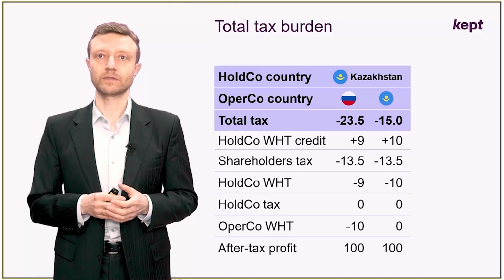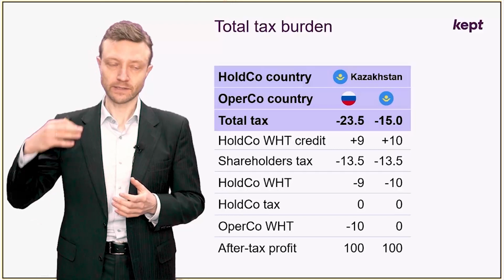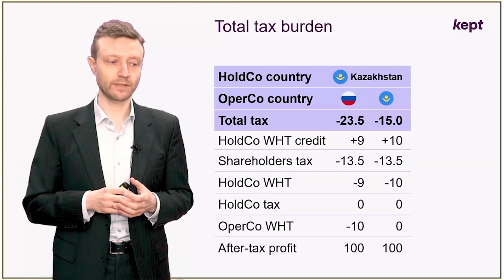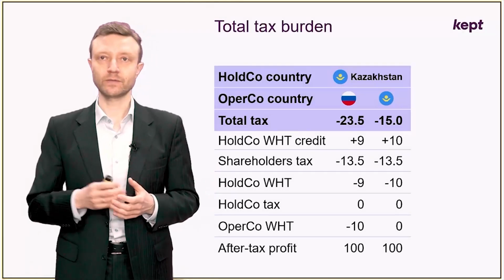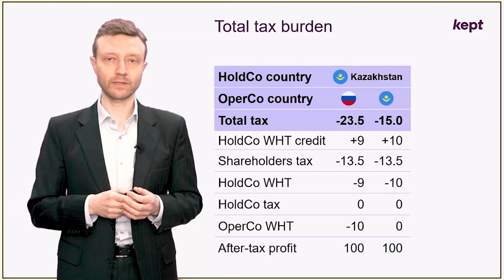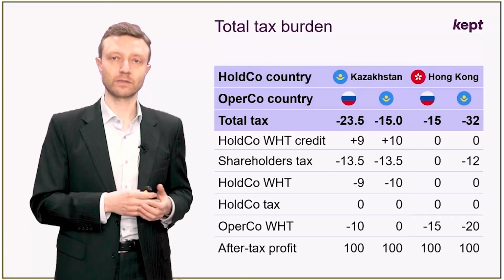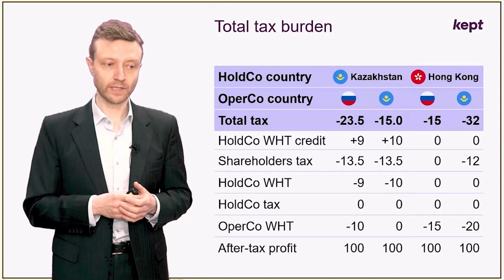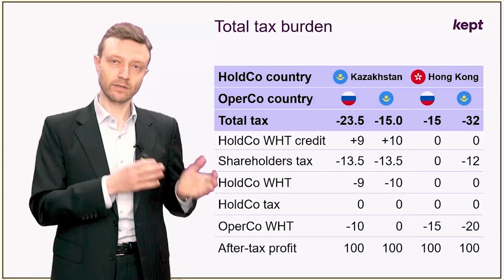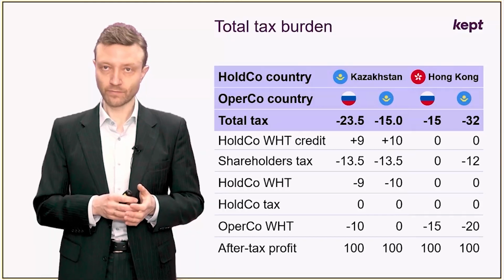Again, on this table, taxation of dividends on several levels is reproduced. We see the same numbers here for the holding company that is located in Kazakhstan. But if we assume that the holding company was in Hong Kong, in this case, the Russian parts, again using this look-through approach, the Russian taxation of dividends can be reduced to 15%.